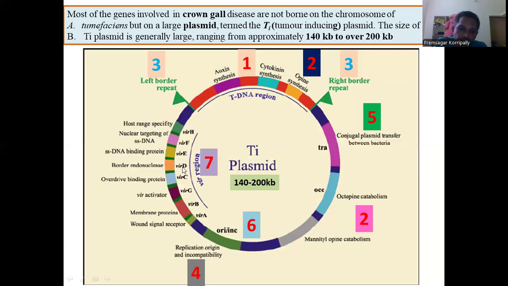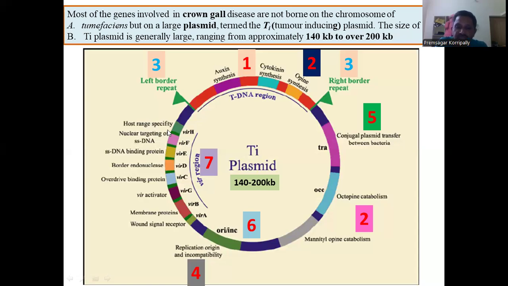VirD is an endonuclease which cuts at the left border and right border, nicking at the left and right. And VirE is a single strand binding protein. Once this single strand of T-DNA comes into the cytoplasm, the VirE proteins bind to the single strand, and VirH and VirF have different functions.